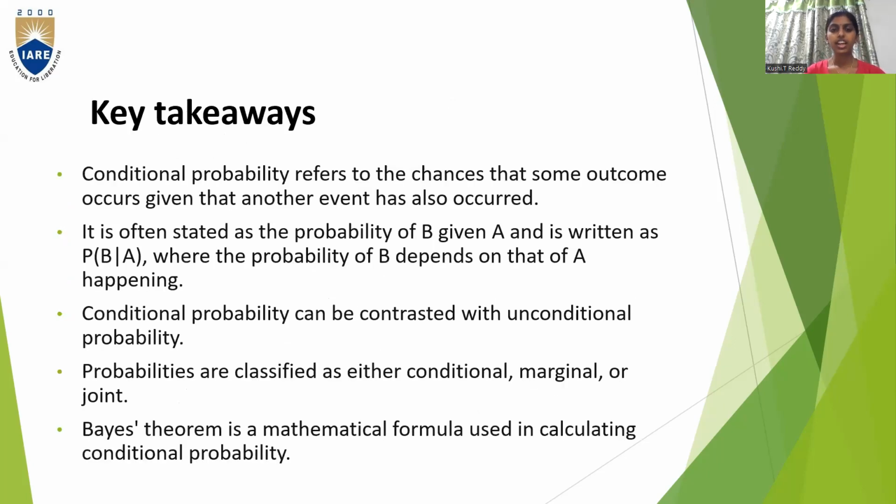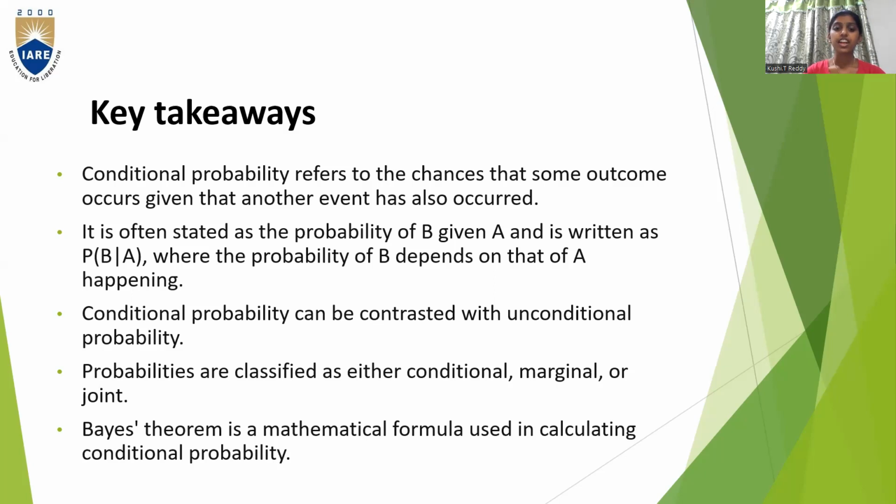Key takeaways from conditional probability, the important points to be noted, are: conditional probability refers to the chances that some outcome occurs given that another event has also occurred. It is often stated as the probability of B given A, written as P(B|A), where the probability of B depends on that of A happening. Conditional probability can be contrasted with unconditional probability.